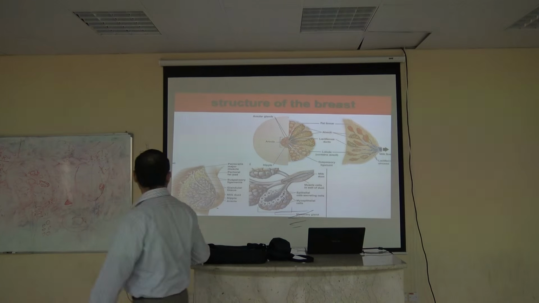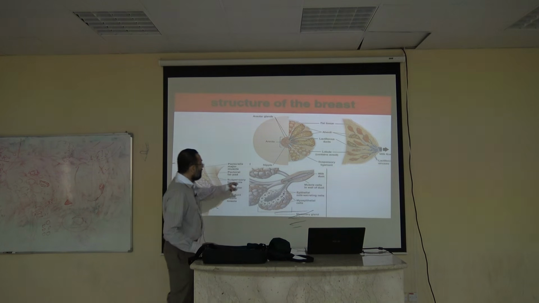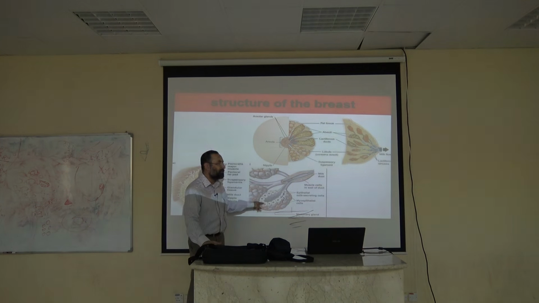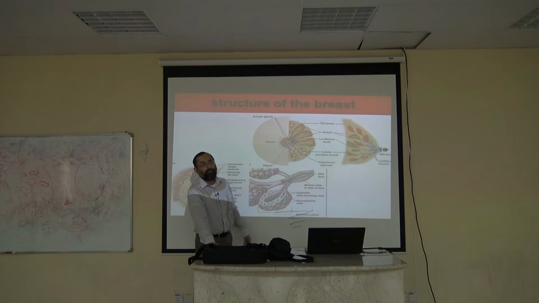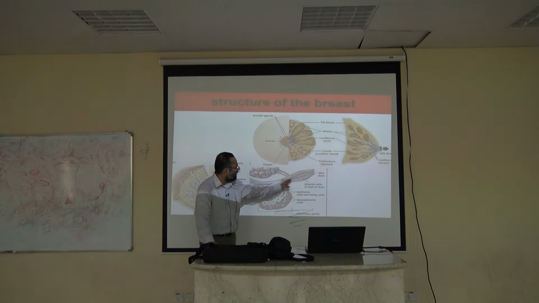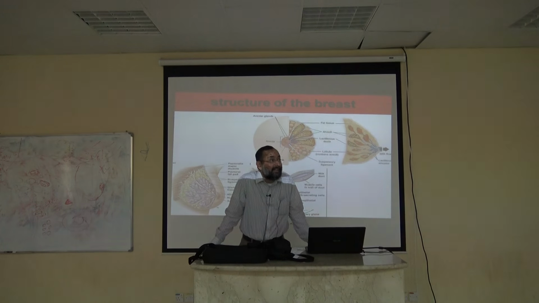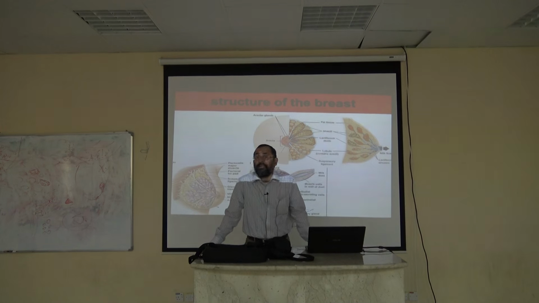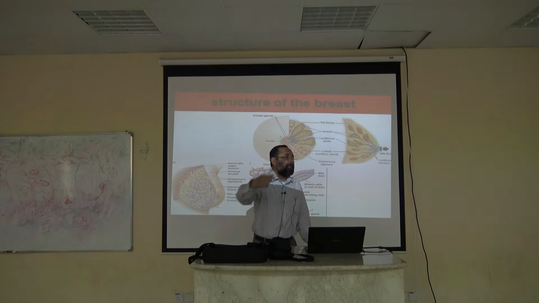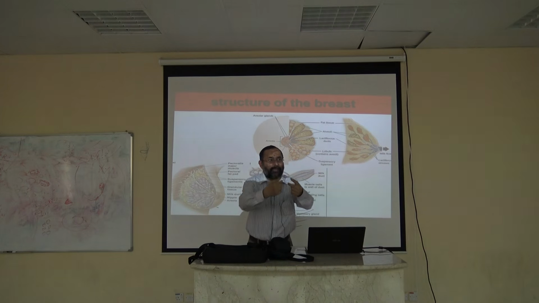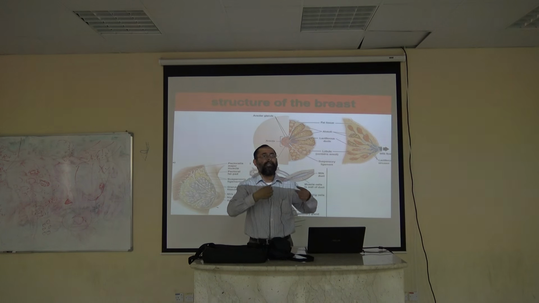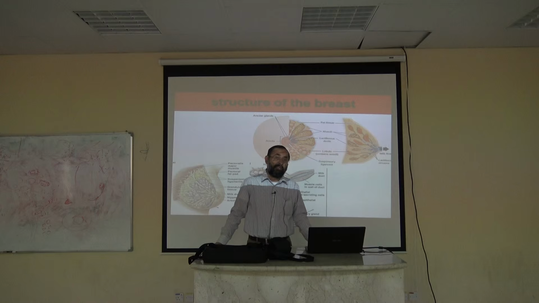We'll see. So finally, from these sac-like structures which are made up of the epithelial cells, you are forming the glandular tissue, and then you are draining into the ducts, and finally one duct arises, and that is a lactiferous duct, and that lactiferous duct opens into the nipple. Many lactiferous ducts come from different areas of the glands, and they finally traverse to the surface.